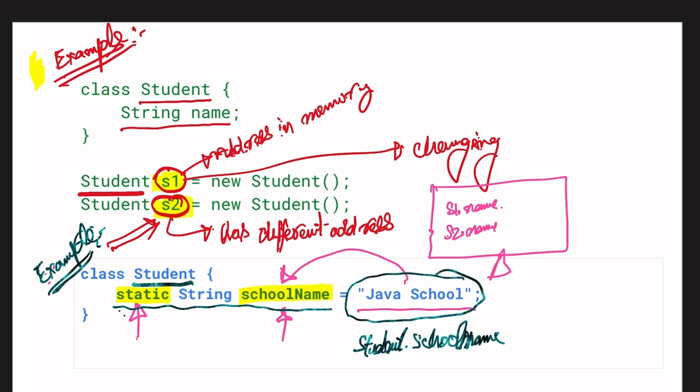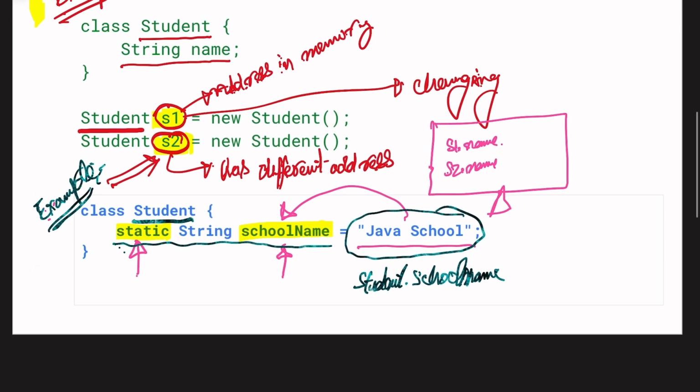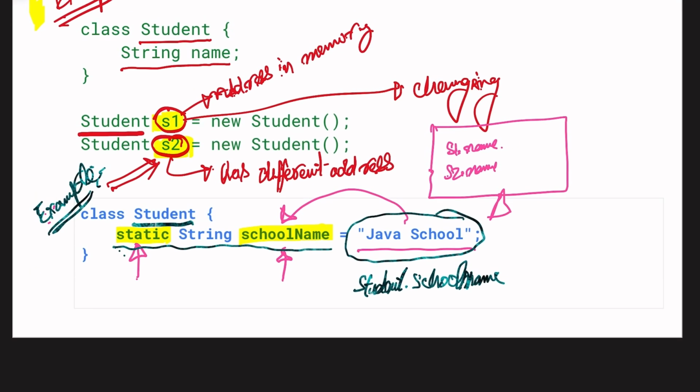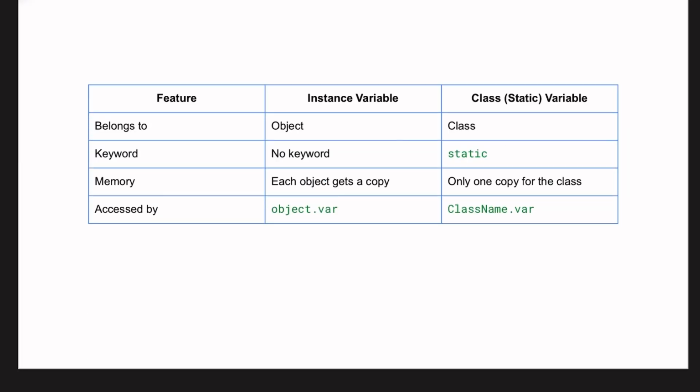Okay, let me show you some differences between instance variable and static variable. Here, in the first column we have feature, in the second column the instance variable, and in the third column the class static variable.